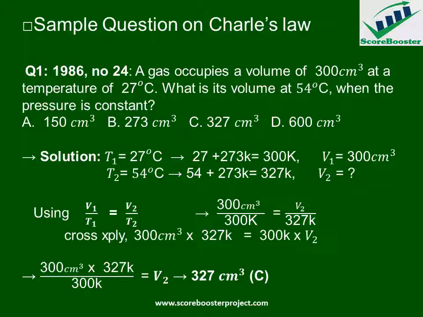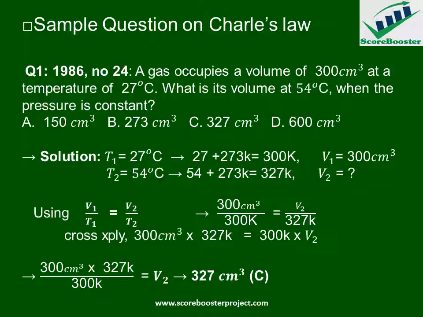We're also given the initial volume V1, which is 300 cm cube. Then we're given the final temperature T2, which is 54 degrees Celsius. As usual, we add 273 to convert it to Kelvin, and therefore 54 degrees Celsius will be equal to 54 plus 273 Kelvin, which is equal to 327 Kelvin.